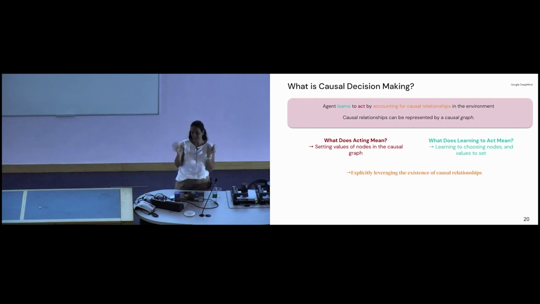So what does acting mean? Acting means setting the value of some nodes in the graph. Learning to act means learning which nodes to set and which values to set. And you want to do that by explicitly accounting for the causal relationships.